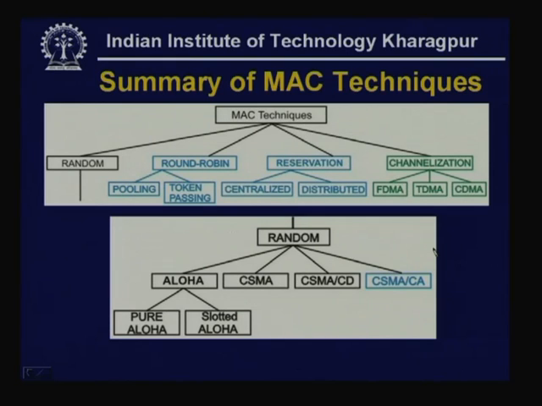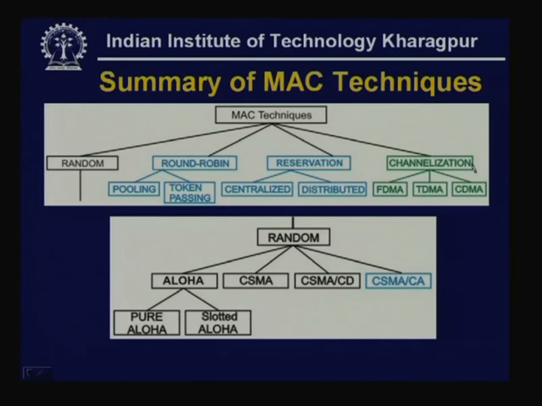So, friends, we have discussed various medium access control techniques in 3 lectures. First lecture, as I mentioned, we discussed the random techniques: Aloha, CSMA, CSMA/CD. The next lecture was on collision free protocols, where we discussed carrier sense multiple access with collision avoidance, then round robin and reservation techniques.